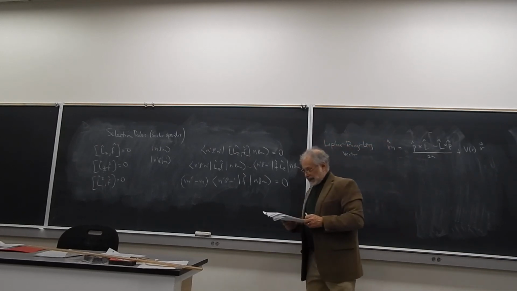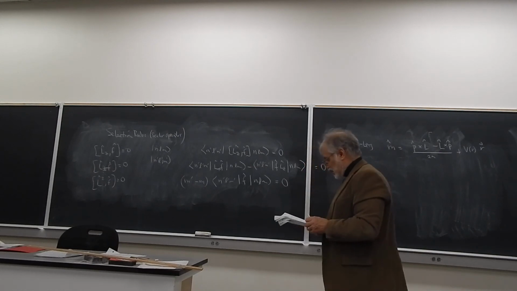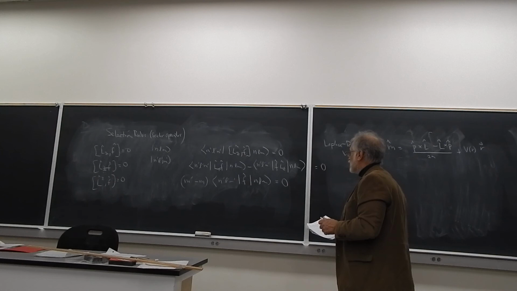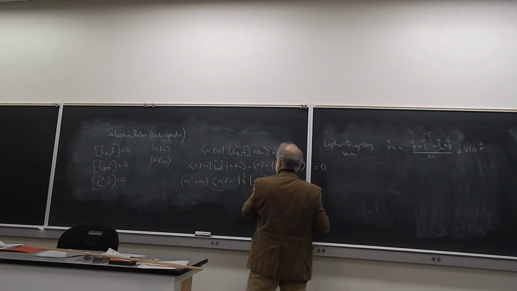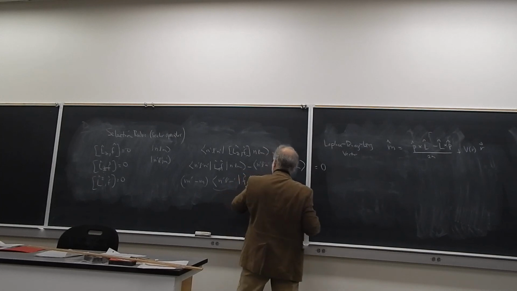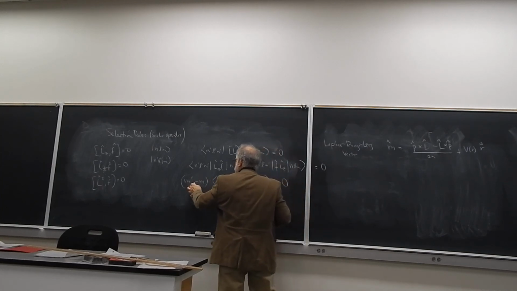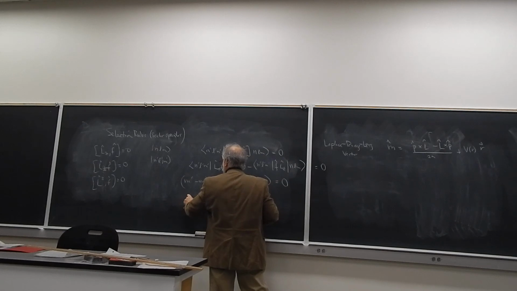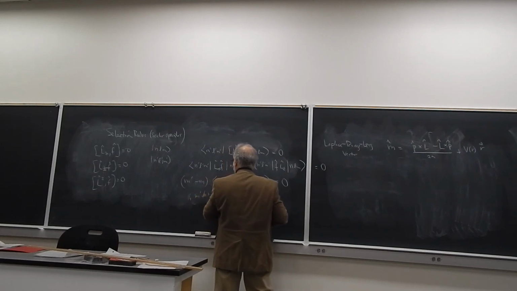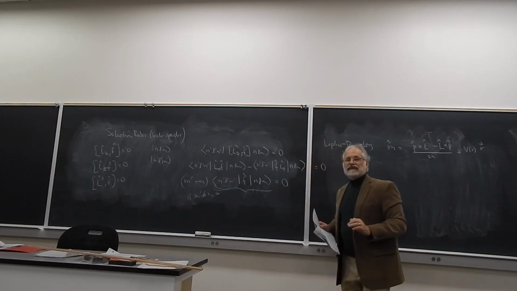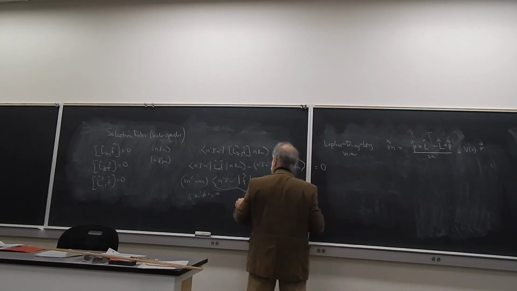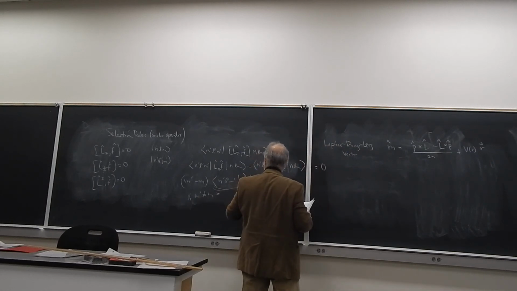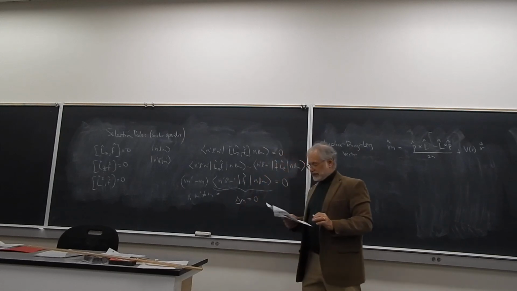So the matrix elements of a scalar operator vanish unless m prime minus m is 0. The product has to be 0, so either this has to be 0 or this has to be 0. If m prime is not equal to m, then this matrix element vanishes. Simple as that. So what we say then in this case is that delta m, in order for this transition to occur, must be 0.